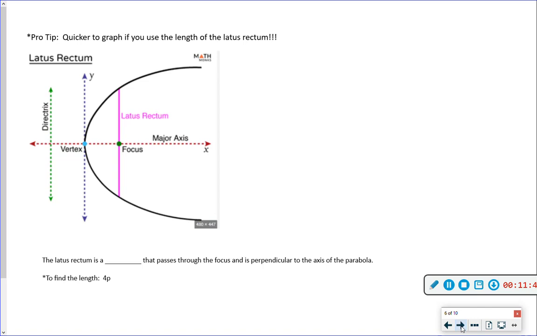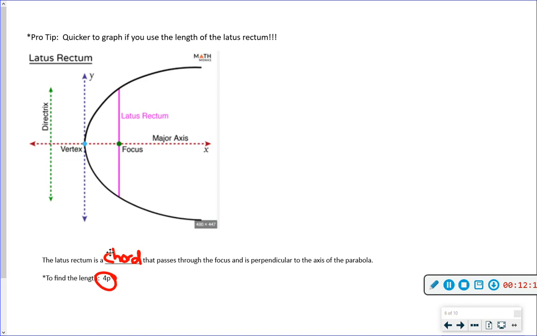So latus rectum, mine's in purple, I wish we had color copy machines, is a chord, here's a good geo word for you, a segment, a chord, through the focus perpendicular to the axis of the parabola. The key is, hi Kevin, the length of it is 4p. It's super tiny on your notes, but make sure you circle or highlight that the length of it is 4p.